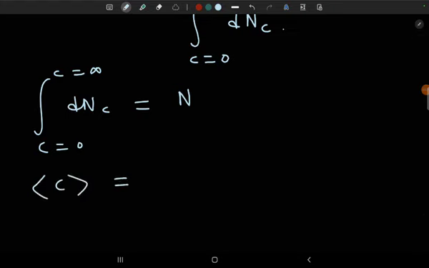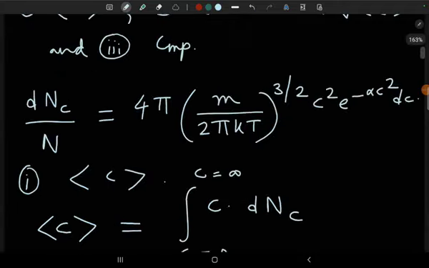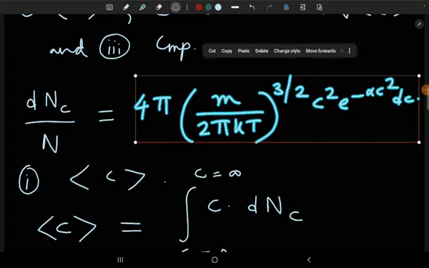Thus the average speed came out to be 1 by N times the integration from 0 to infinity, and we just put the speed distribution formula right here.